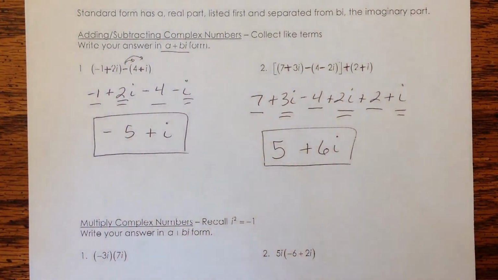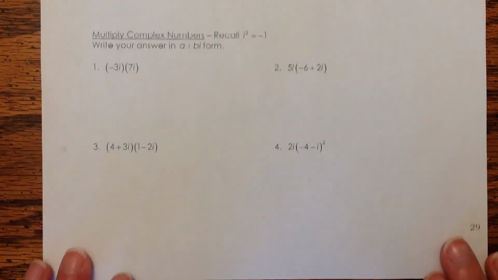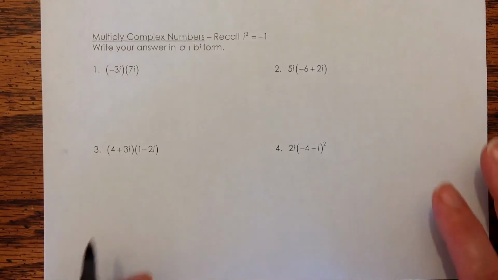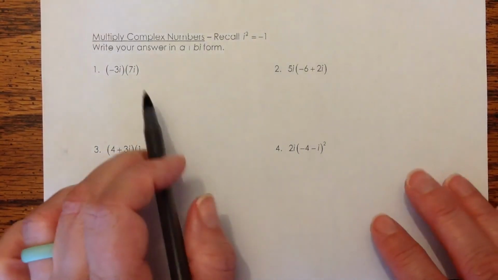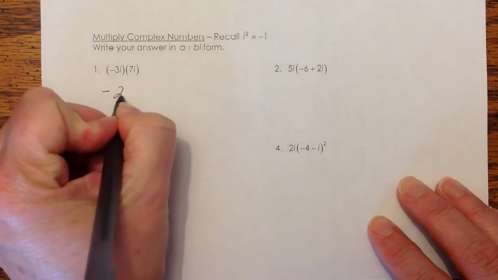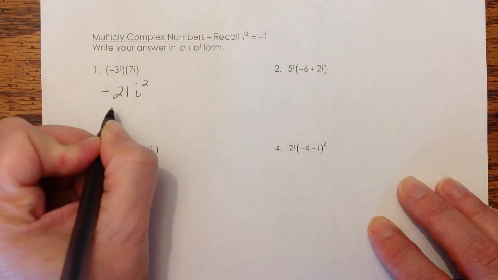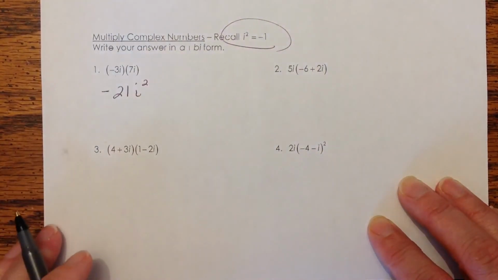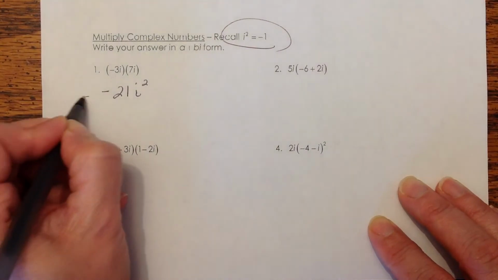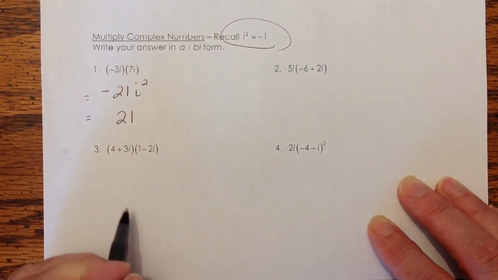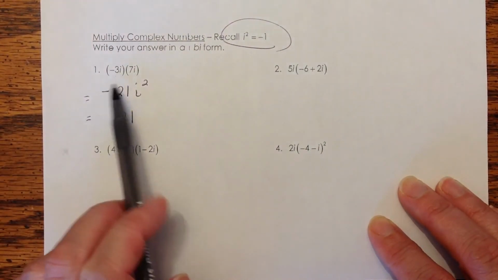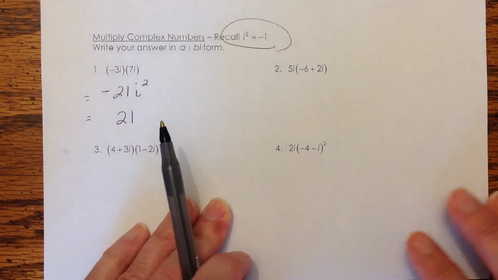The last thing 7-7 wants you to learn is multiplying imaginary values. So it's really a lot of distributing and foiling. So this would be negative 21i squared, which again, i squared needs to always be replaced with negative 1. So our answer is positive 21, because this is a negative times a negative, which is a positive.